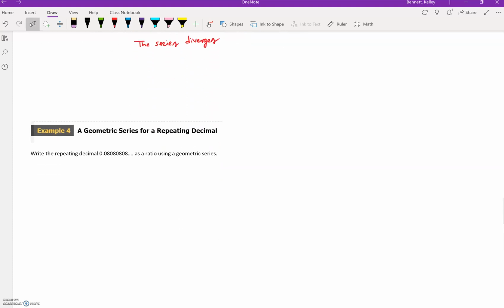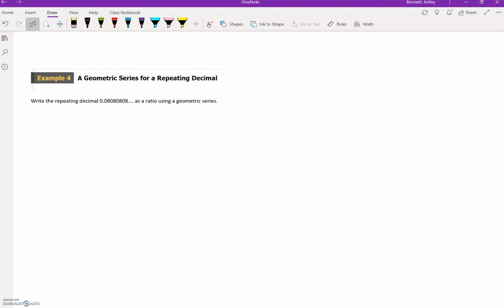So here's another kind of fun use of geometric series. We're going to write the repeating decimal 0.08 as a ratio, and the way that we're going to get that ratio is we're going to use the geometric series. So 0.080808, etc. is actually equal to 8 over 100 plus 8 over 10,000 plus 8 over, what, 1,000,000, etc. and so on.